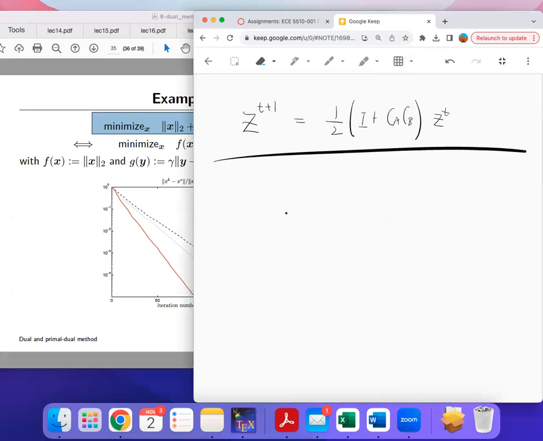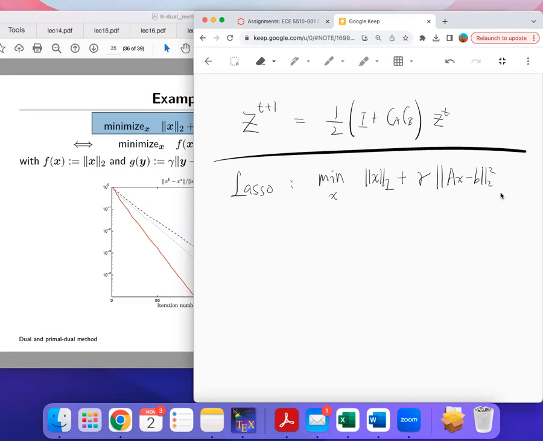So we can look at the compressed sensing lasso problem, which, you remember, is to minimize over X the L1 norm plus this term. This is what we did in one of the homework problems, when we applied proximal gradient descent to solve this problem.